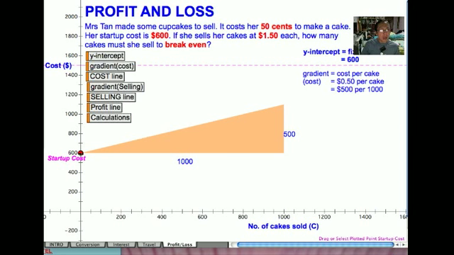And we draw our triangle from the fixed value, the y-intercept, base 1,000, and height 500, which simply means $500 for every 1,000 cakes sold. We complete this with the cost line.